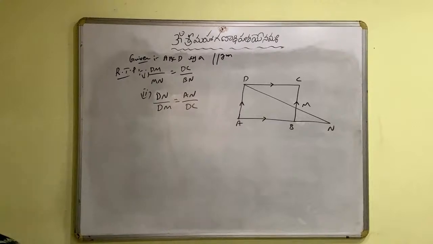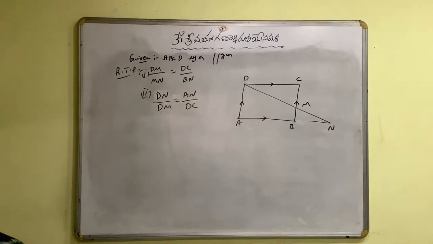DM and DC are the parts of triangle DCM, not DNA. Niharika, how it will be in DNA? Triangle DNA. DM and DC, they are the parts of triangle DCM.